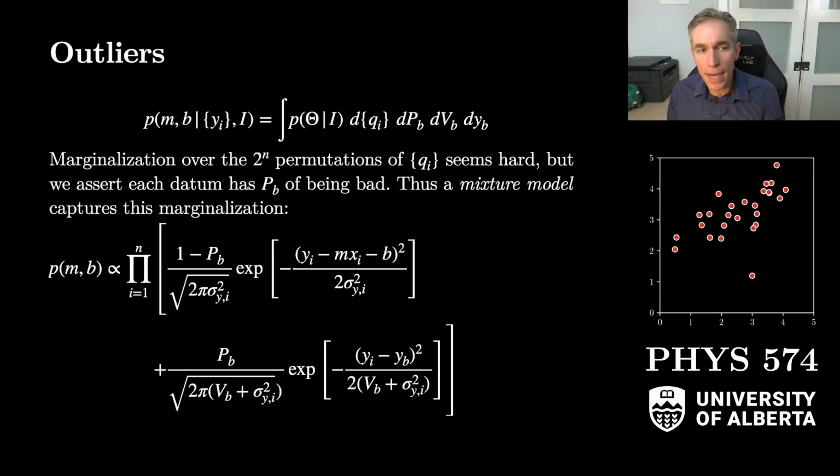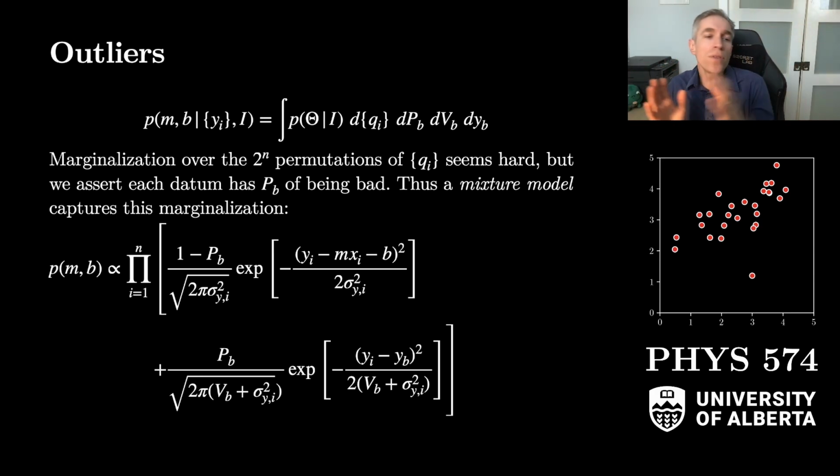We end up with a mixture model describing this marginalization, which says the probability of a slope is proportional to the product over all the data. A given datum has probability 1 minus P_B of being in the good data set, and P_B of being in the bad data set, and that P_B is the same for all of the data.